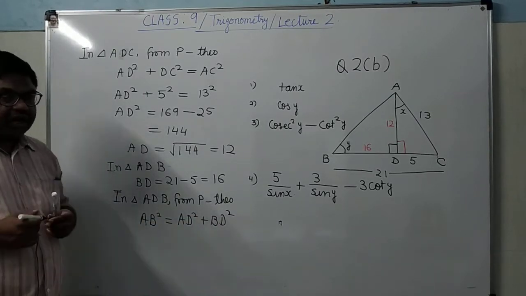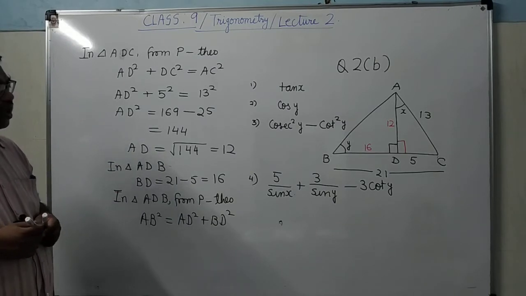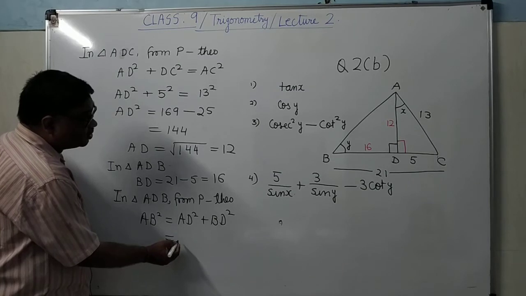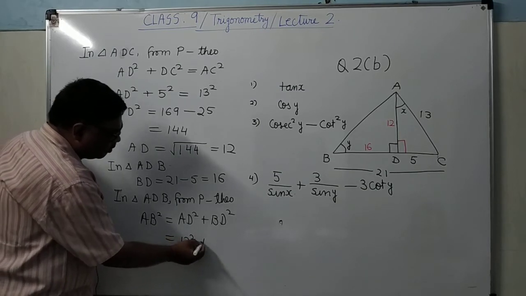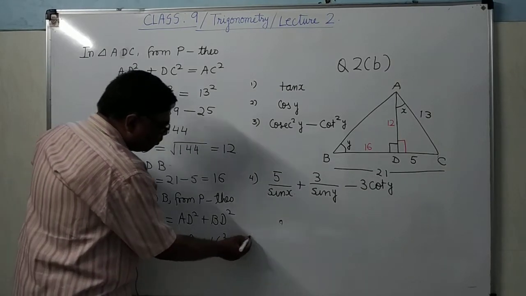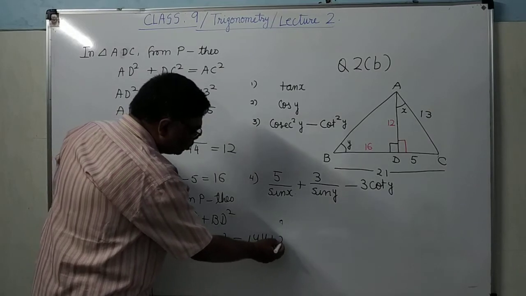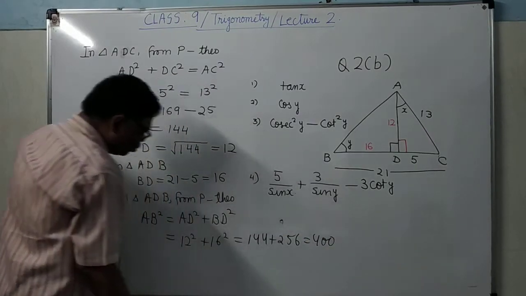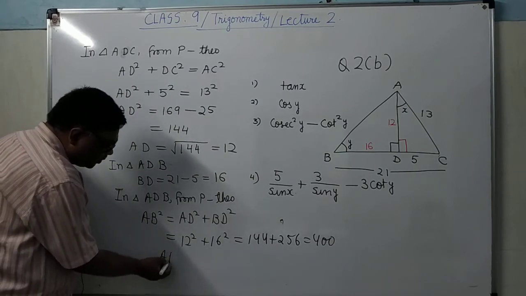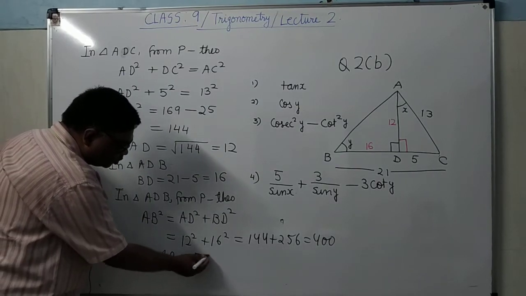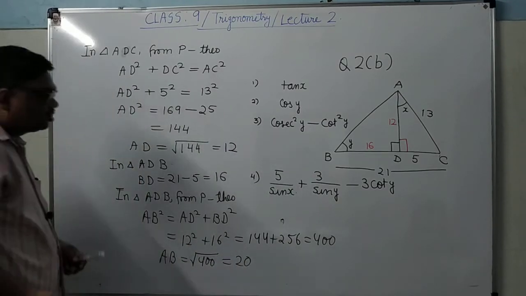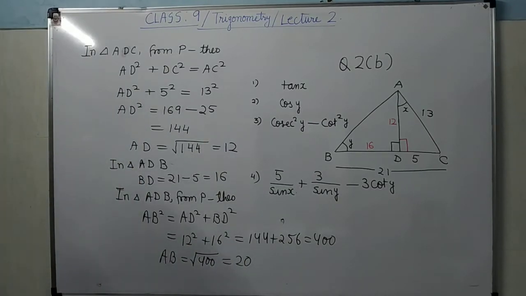The hypotenuse का square is equal to the sum of squares of the remaining two sides. So that is AD square, that is 12 square plus 16 square, 144 plus 256 equals 400. So what will be AB? AB equals square root of 400, that is 20. So this way you can determine the side AB.